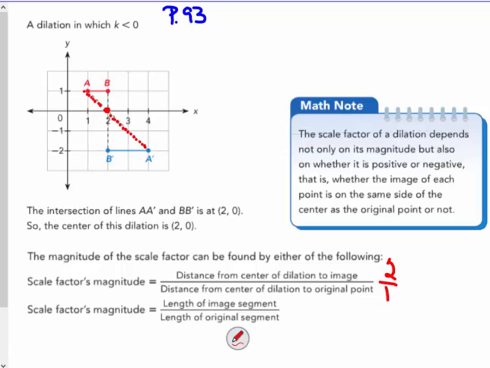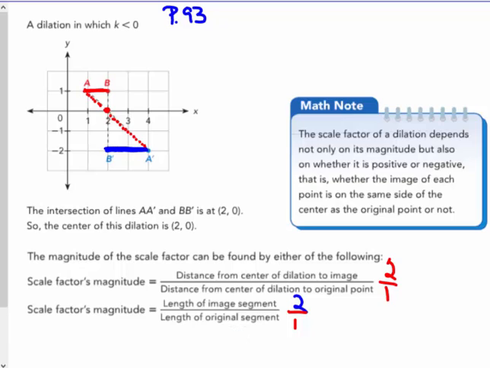Okay, well, the image's segment, B to A, this blue here, and A to B, the original segment, is only 1 unit long, so 1 unit on the graph paper, compared to this 2 units.